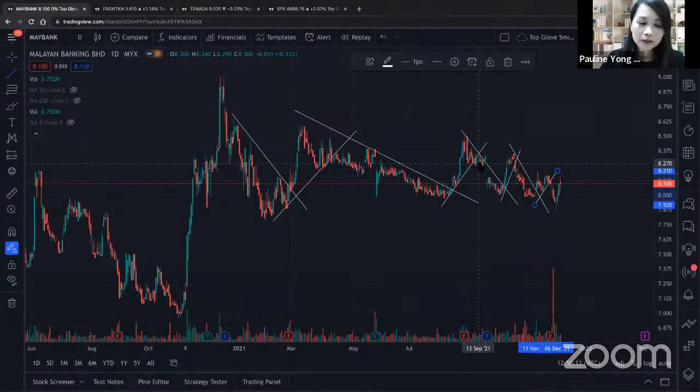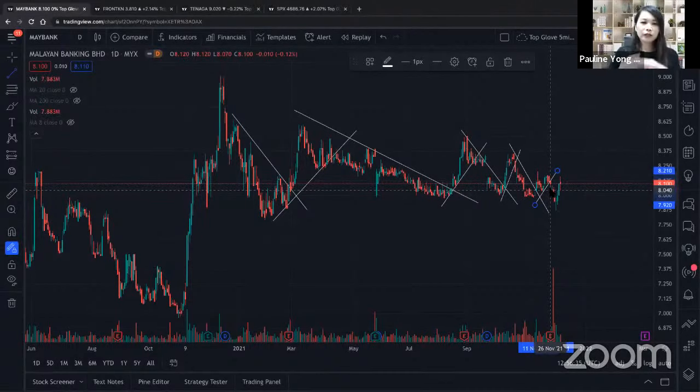We make less because it is a horizontal range, so we make less money. Here we buy at 8.10, and then we sell at 8.22. We make 10 cents. Here we buy at 8.10, and then we sell at 8.20, make another 10 cents. Here this one is 8.06, and then we sell at 8.09. So this one is about break even.